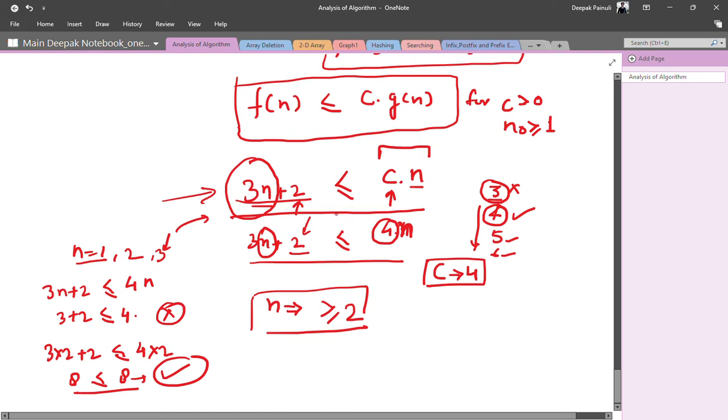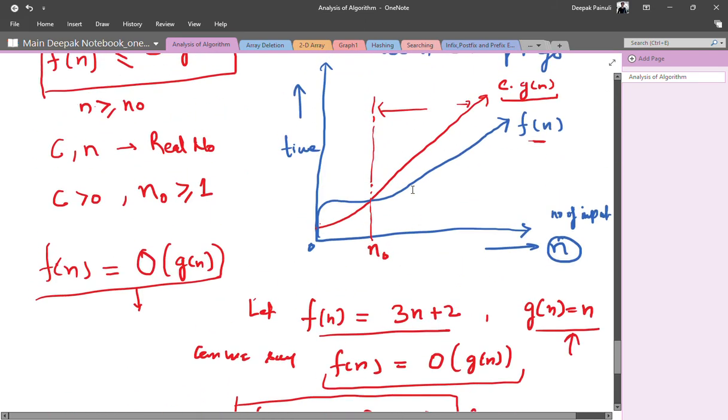LHS will be less than or equal to RHS for every value greater than or equal to 2, but for 1 it is not showing this truthness. So we can say from here that in this example n0 should be greater than 2.